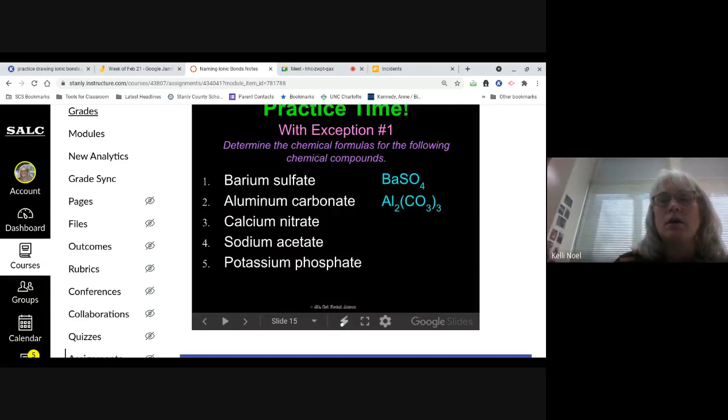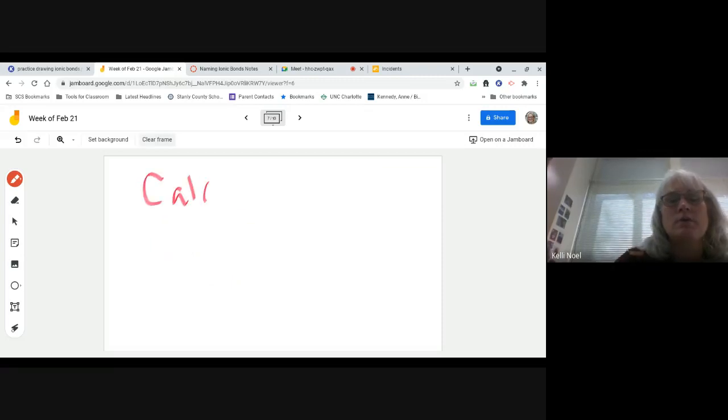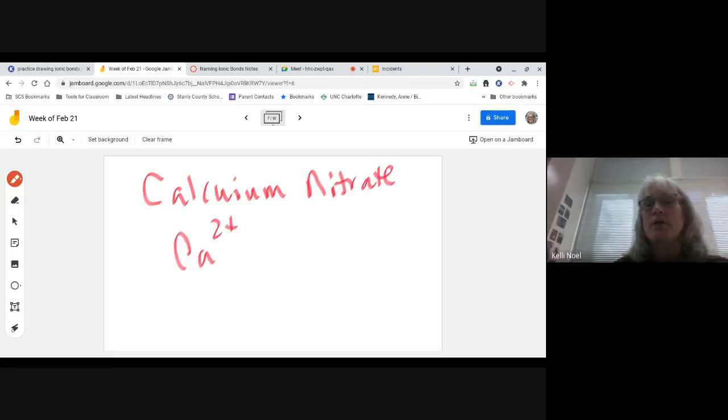All right. Calcium nitrate. Clear the frame. Calcium nitrate. Calcium is Ca2 plus. Get that from my periodic table. Nitrate, I'm using my polyatomic chart. And nitrate is, in parentheses, NO3 minus.